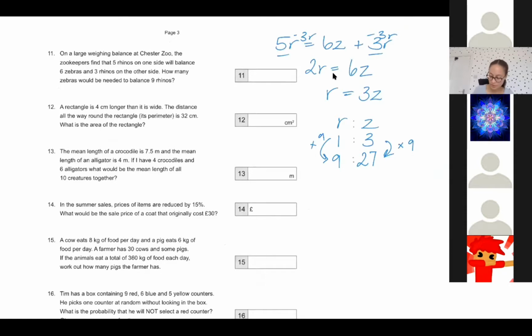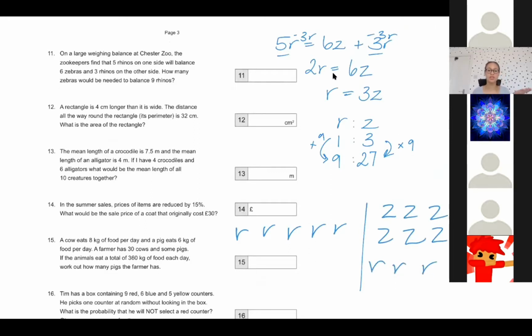If I had R on one side, 6 zebras, if that's your scale, then 1, 2, 3, cancel out 1, 2, 3. So we know 2 rhinos are equivalent to 6 zebras, which means 1 rhino is equivalent to 3 zebras.